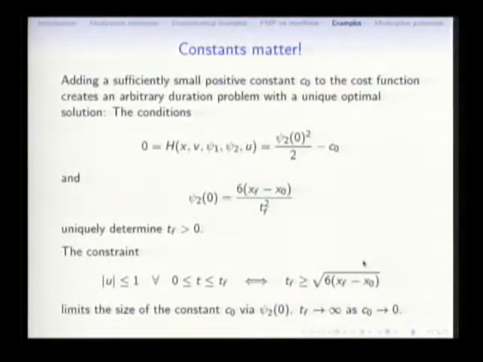So again, here, key thing, the constants really do matter. If I add a positive constant to my cost, I then shift things, and I can then say, okay, I can find a non-zero value of that parameter to get a 0 value of the Hamiltonian, and then getting that parameter value, I solve for the duration of the problem. And, okay, the constraint that I can't have acceleration of magnitude greater than 1 is going to set a lower bound on just how quickly I can do this.